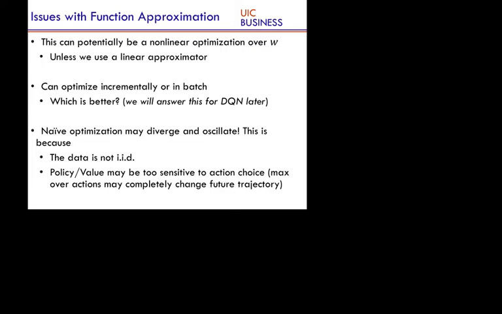So the data is not IID, and also the policy and values may be too sensitive to the action choice. That is not an issue in the discrete Q. If you think of a table, there is no relation between the Q of S comma A and the neighboring Q of S comma A. But here, once you think of an approximation like a linear approximation, it's really a very smoothly varying Q value across states. Okay, but that may cause an issue because the original Q table looked very jagged. Okay.